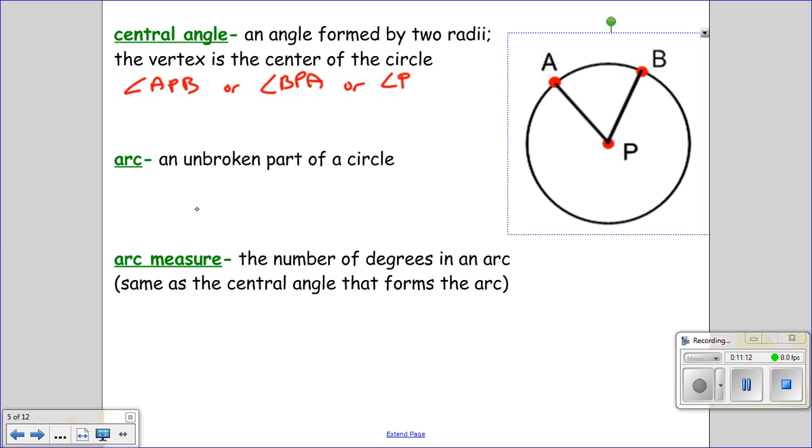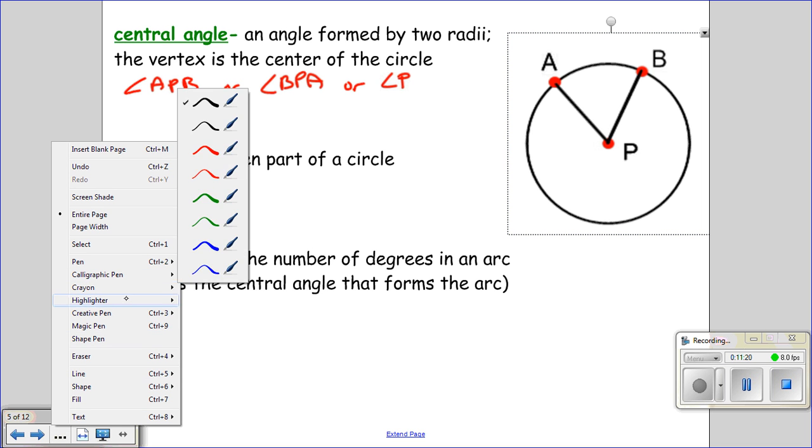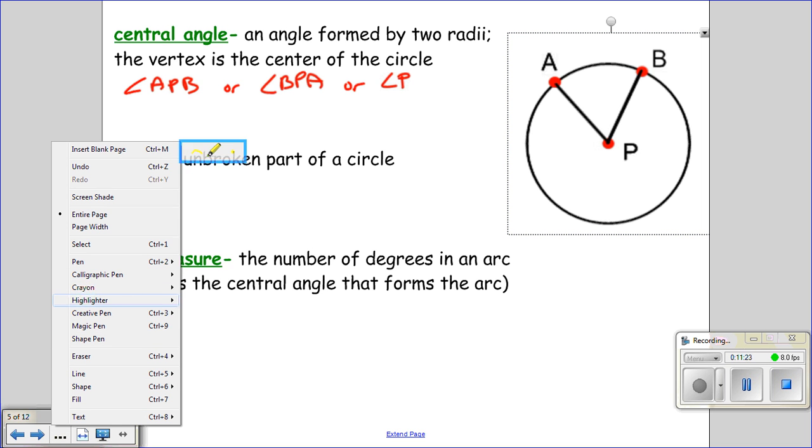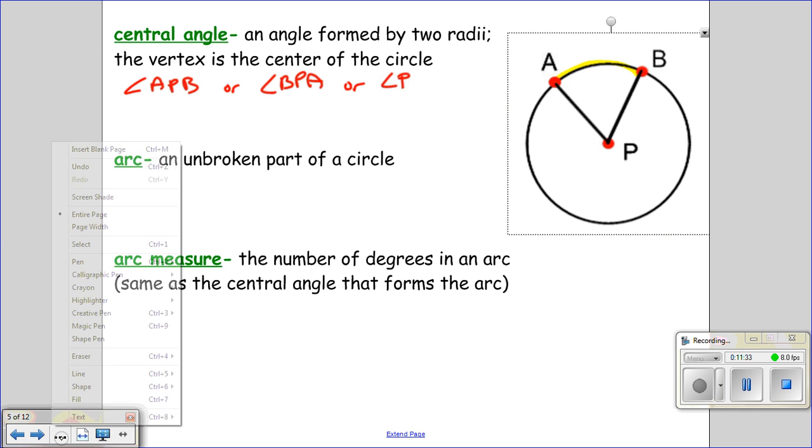An arc is an unbroken part of a circle. So in this circle, this segment or piece between A and B, the curved part, is considered an arc.